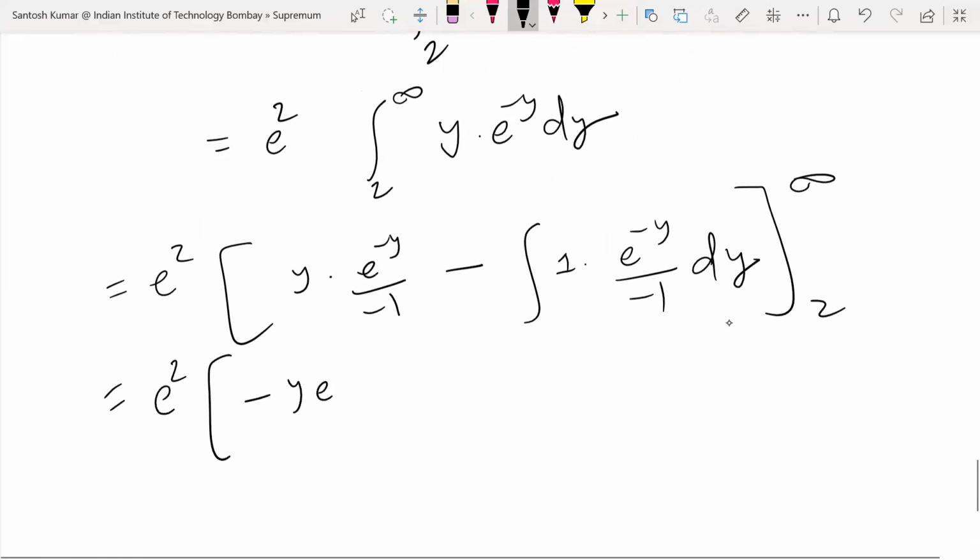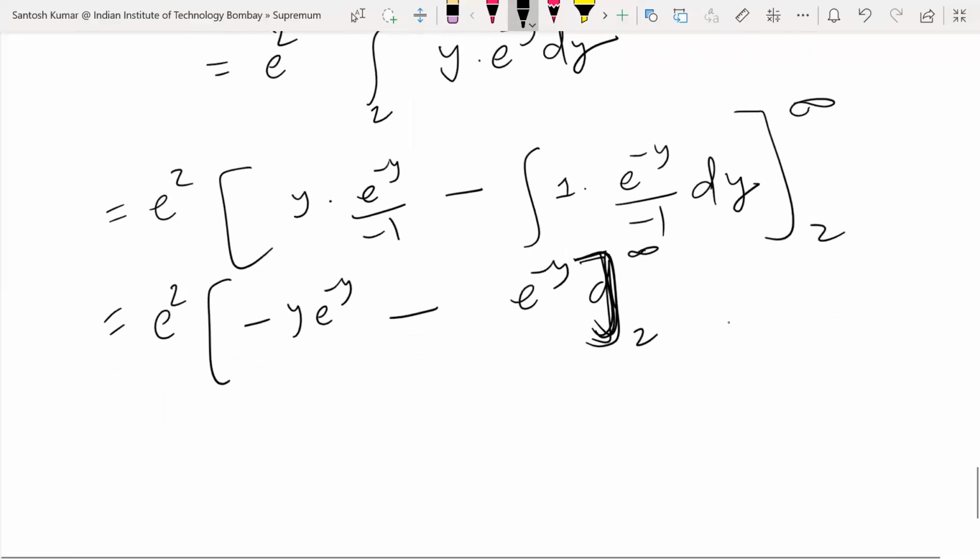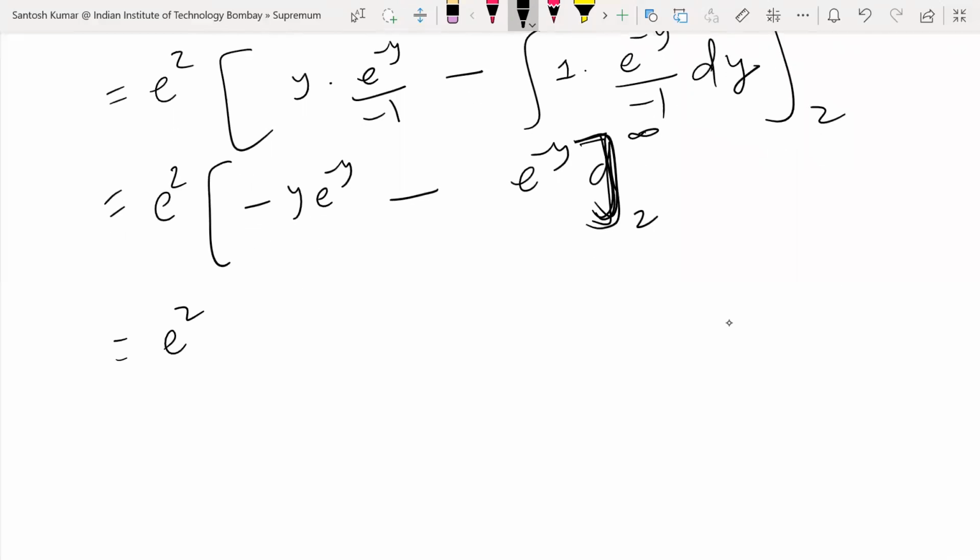So minus y e to the power minus y minus, again integrating, e to the power minus y, with limit 2 to infinity. So e square times minus 1 plus y upon e raised to the power y, limit 2 to infinity.